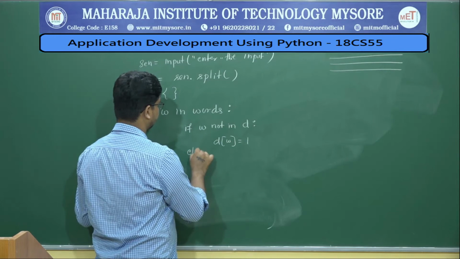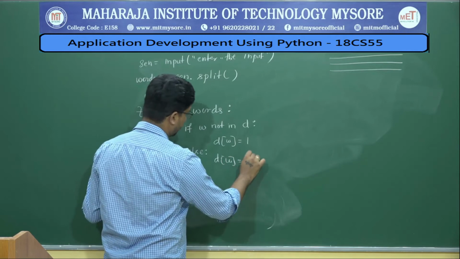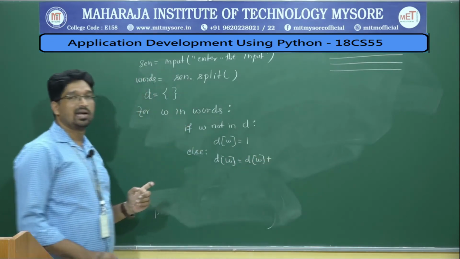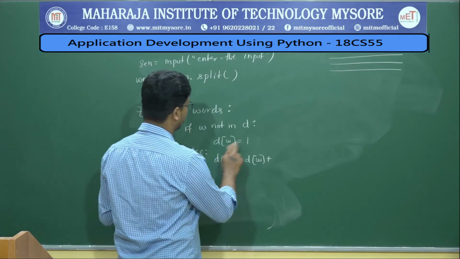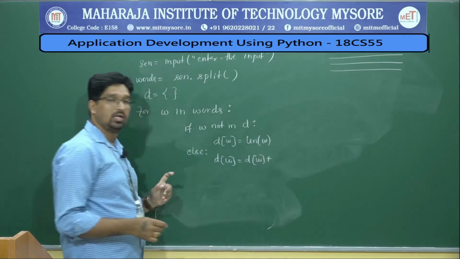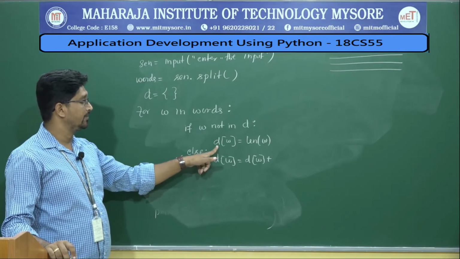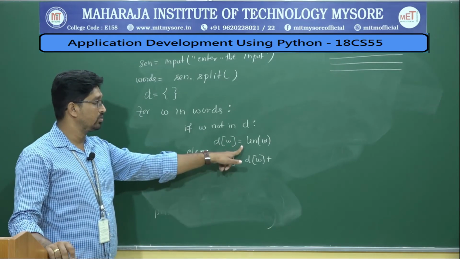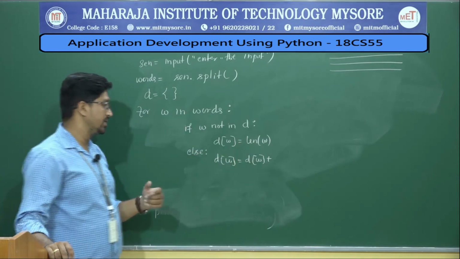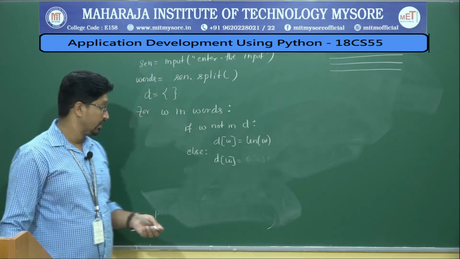Else, if it is already present in the dictionary, D of W is equal to, okay, we need to consider the length of the string, right? D of W is equal to length of W. So if the word is not there in the dictionary, D of W is equal to length of W. If it is already present, don't do anything.